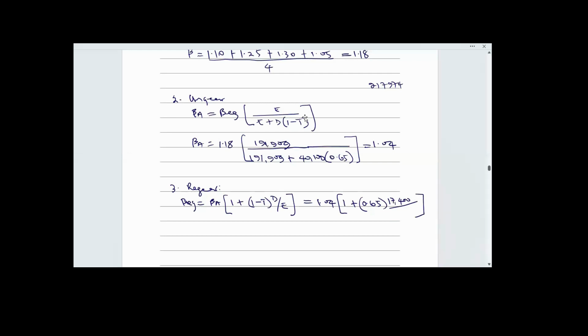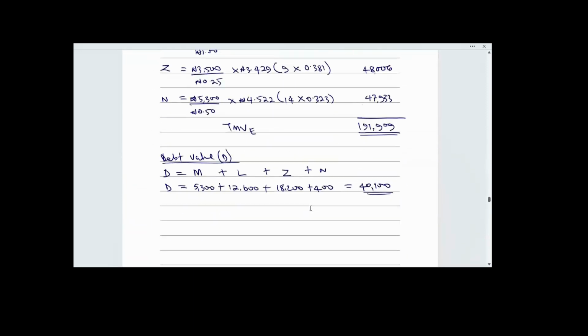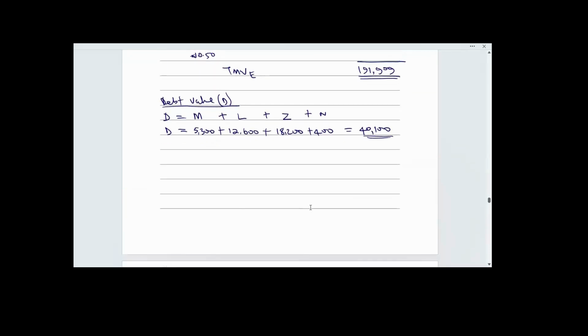So let us go and calculate the equity value the same way you calculate equity value for the proxy. Okay, Kilimanjaro.